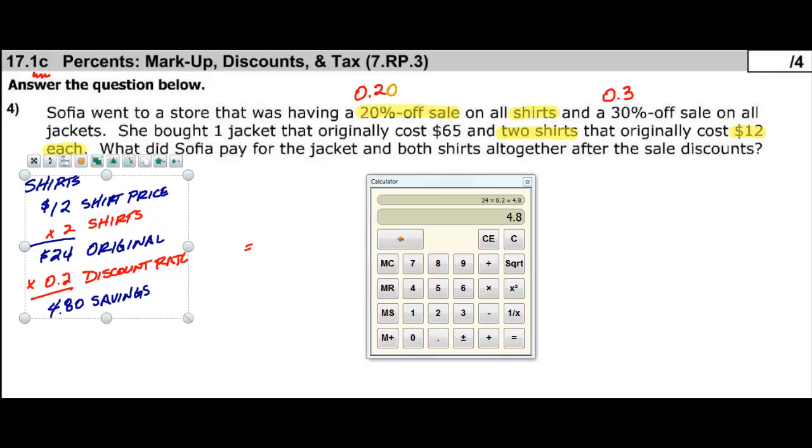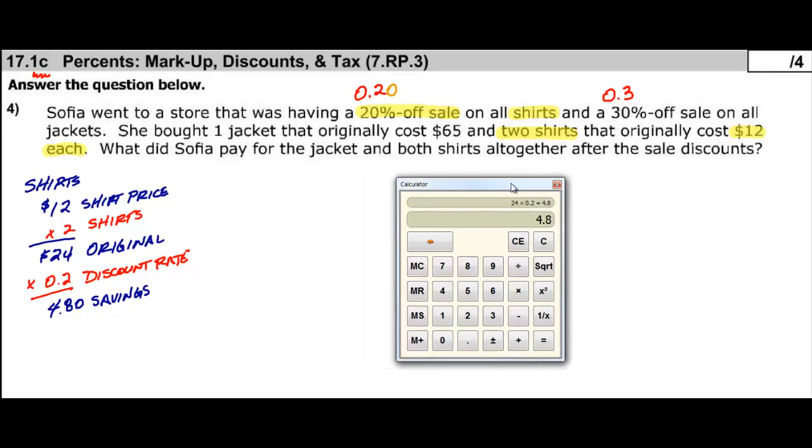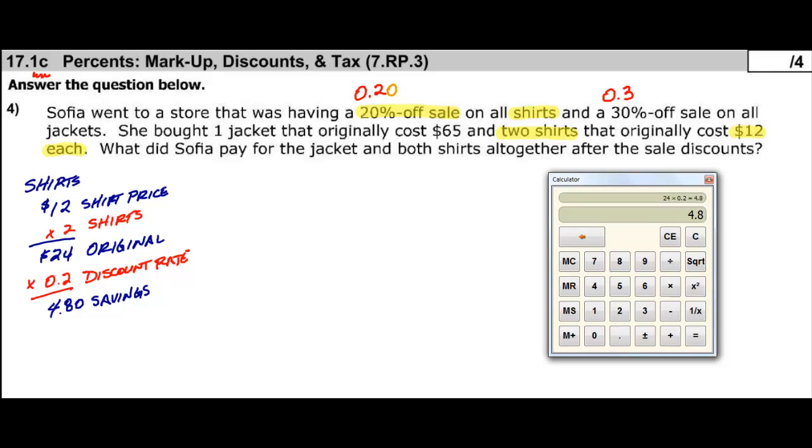So I'm going to move my work over just a bit. You can see I lost part of the word rate right there. Okay, so I've got a $4.80 savings. I'm going to bring my original cost, my $24. I'm going to subtract my savings, the $4.80. Whenever you have a discount, it gets subtracted.